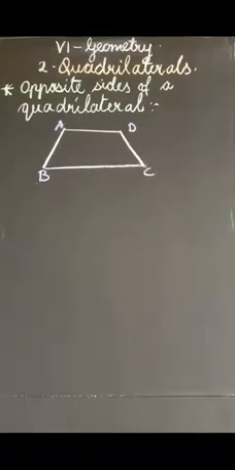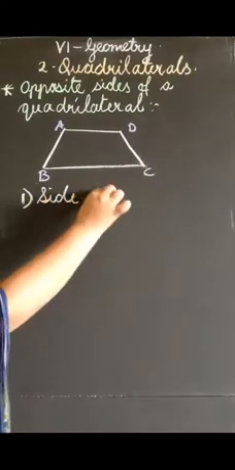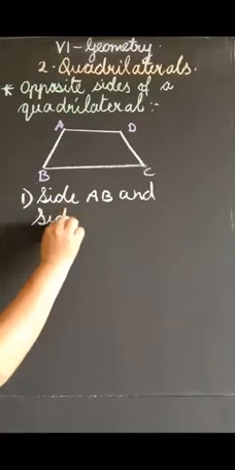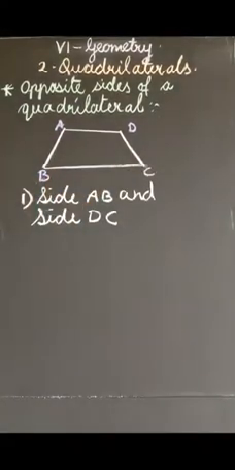Okay, so children, we are having 2 pairs of opposite sides of quadrilateral. The first pair is side AB and side DC. AB and DC. This is first pair.